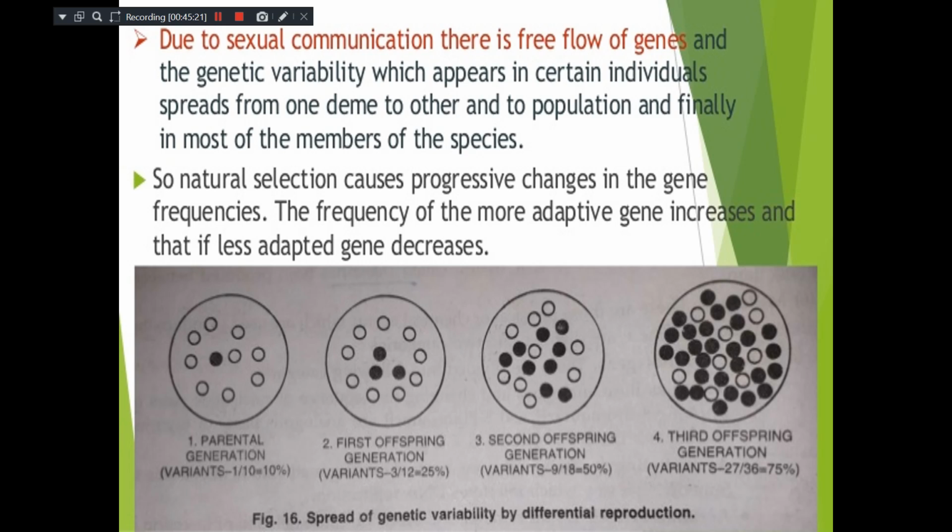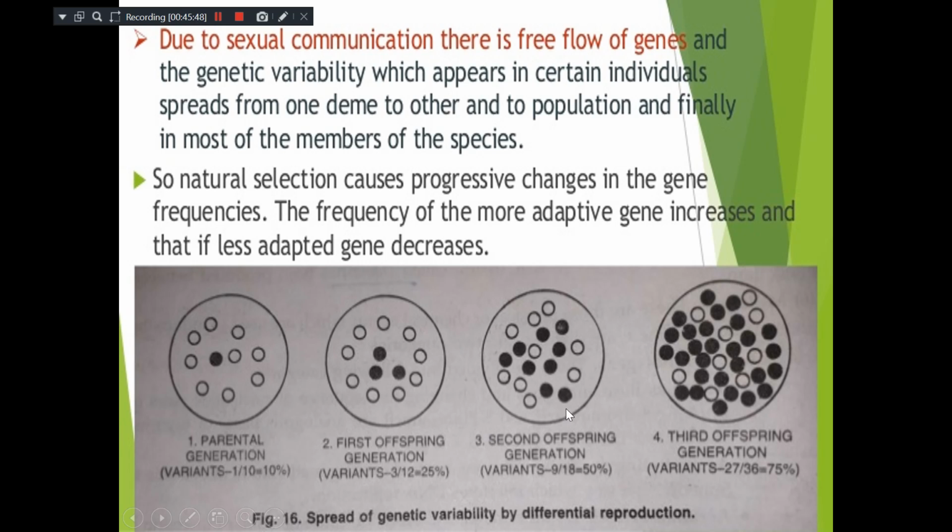We have already seen that due to sexual reproduction, there is a free flow of genes. But because of many factors, the gene frequency in a gene pool may change. How? Because natural selection causes progressive change in the gene frequency.